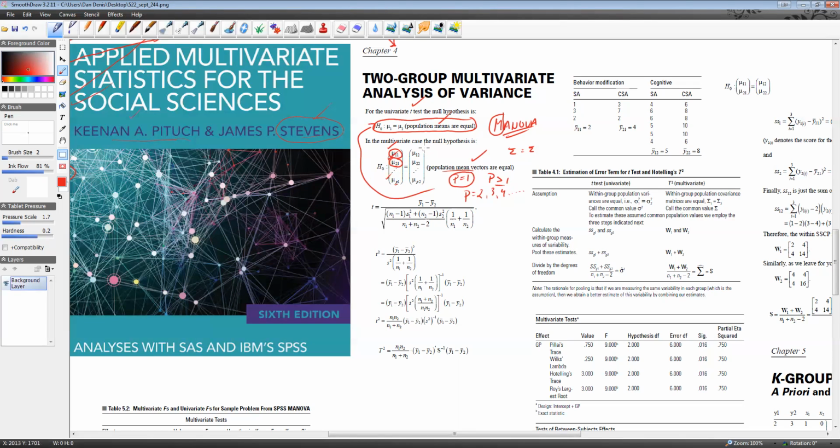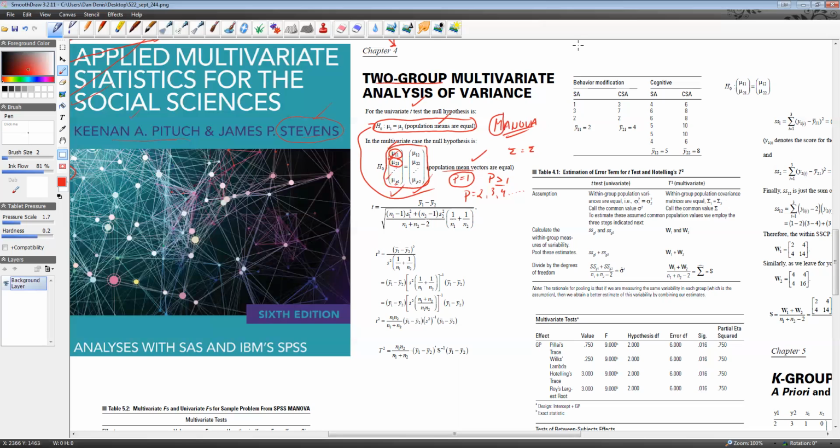So p1, p2, p3, these are all those variables. Now, why do I have two vectors here? I have two vectors because we're looking at the two group multivariate case here. Pretty soon we're going to generalize that to having k groups instead of just two. So there's group 1, there's group 2 on several variables.